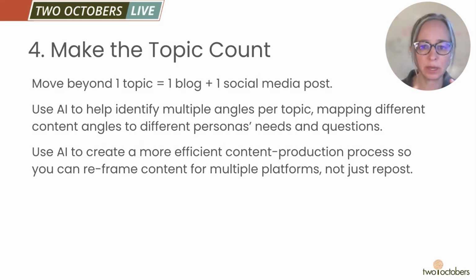So you've got maybe your CFO for the budget persona and your finance analyst for the user persona. How would each of those personas be interested in thinking about the ROI question differently? And what are two ways we could approach a blog, a LinkedIn post, a video that address that topic differently for those different target audiences?